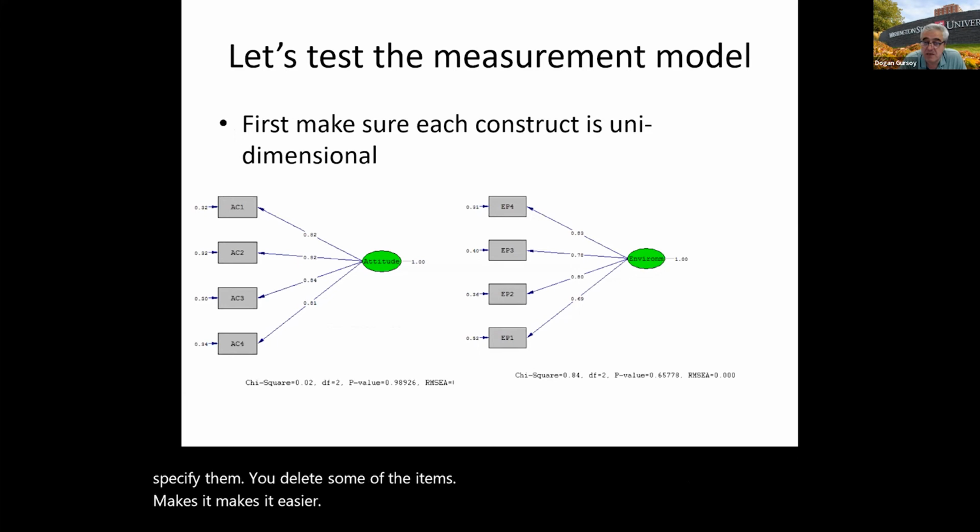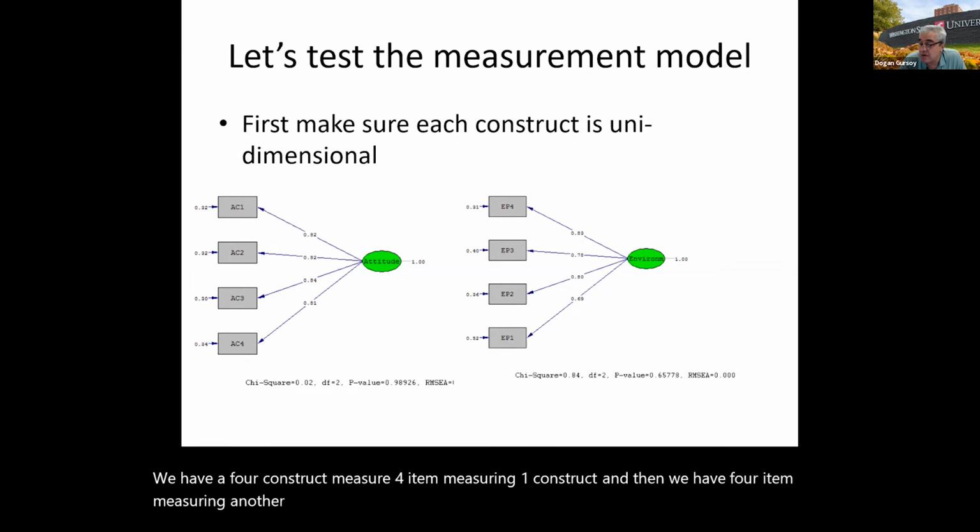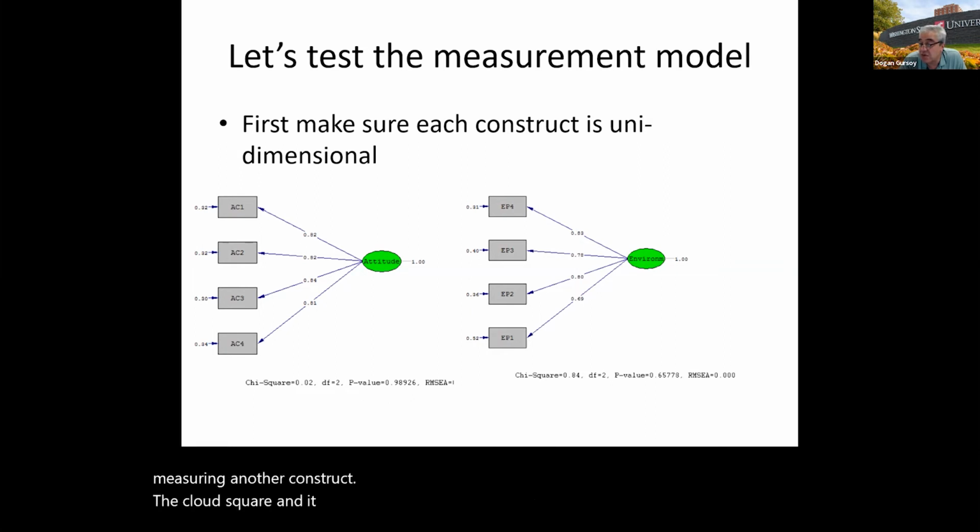Let's look at this model. It's a simple model. We have 4 items measuring 1 construct, and then 3 items measuring another construct. The chi-square looks okay, degrees of freedom is 2, the p-value is very high, and the RMSEA score is very low.